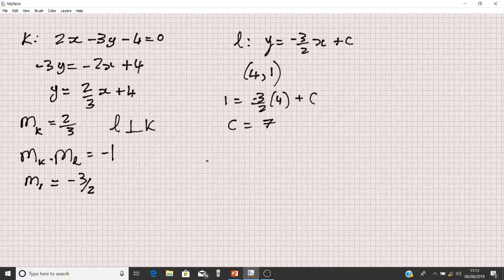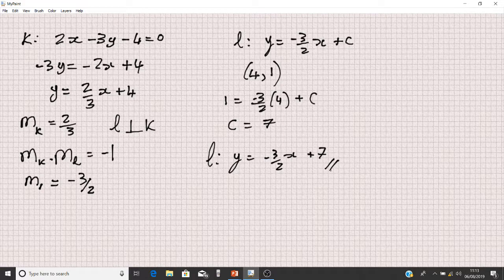So the line L we're looking for, final answer, y equals -3/2 x plus 7. And that's the final answer for example 2.